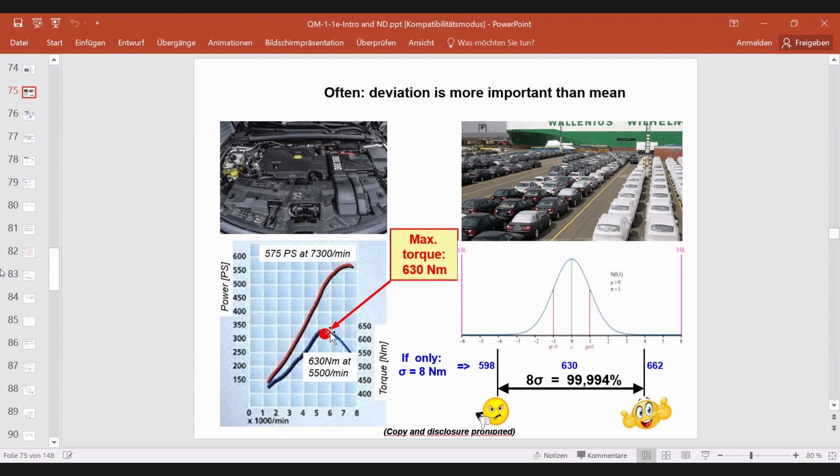You see the curve, and the maximum torque of 630 Newton meter is achieved at 5,500 rotations per minute.